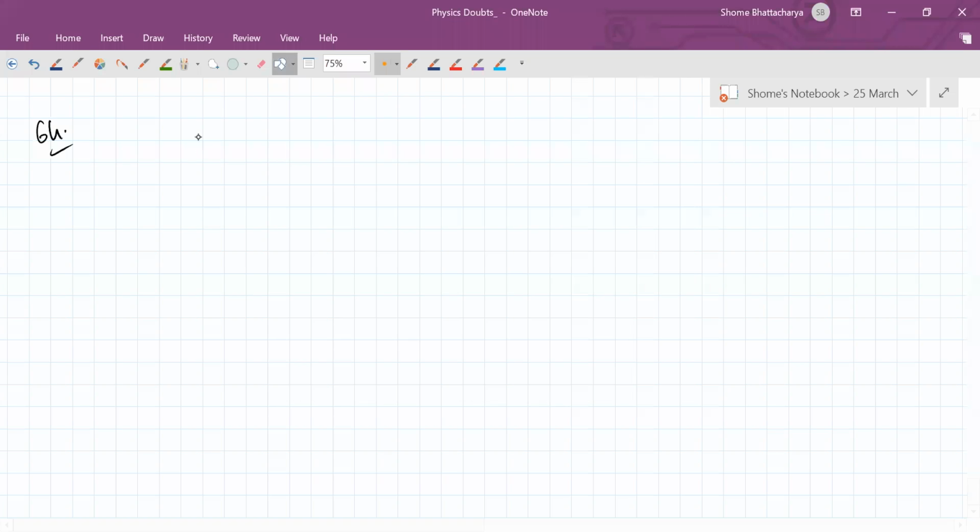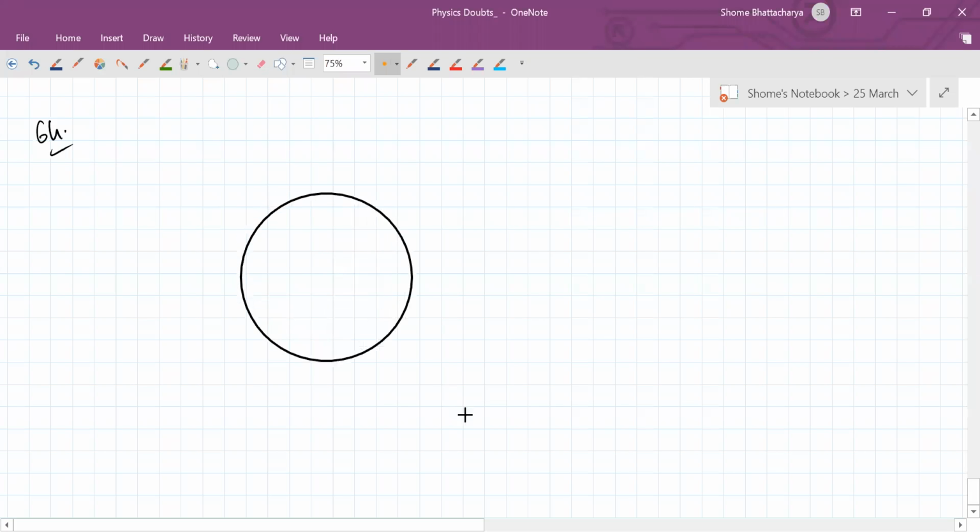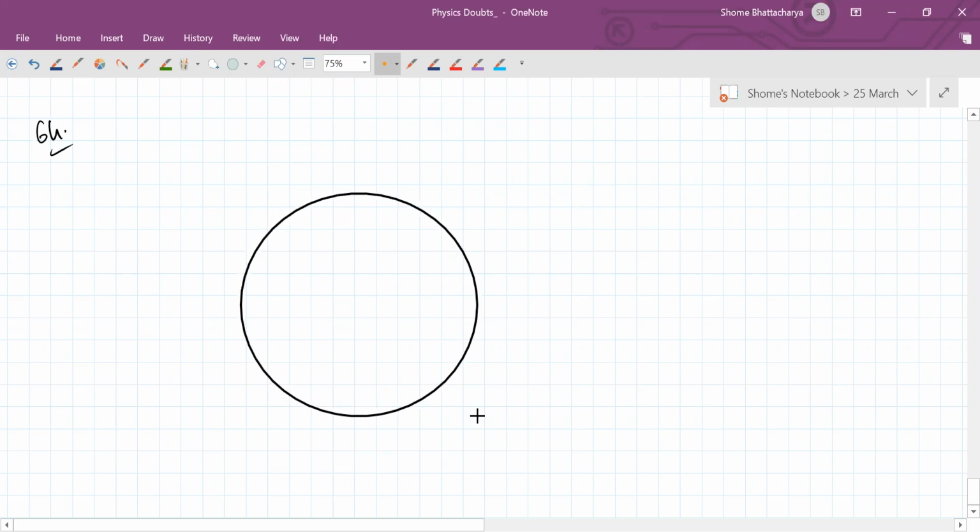So what's happening is there is this smooth spherical body, and it is being made to translate with a constant acceleration A. It's not given, but I think we have to assume that it's translating horizontally.